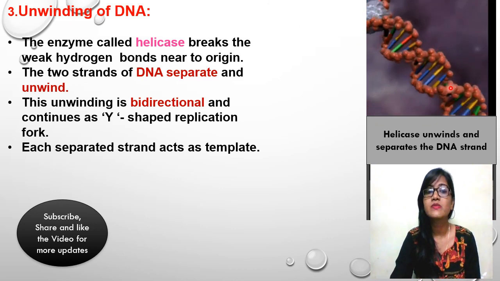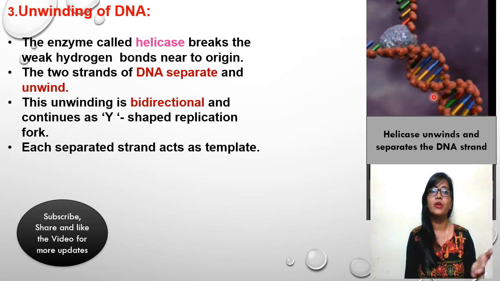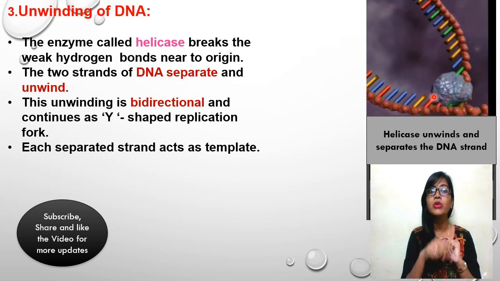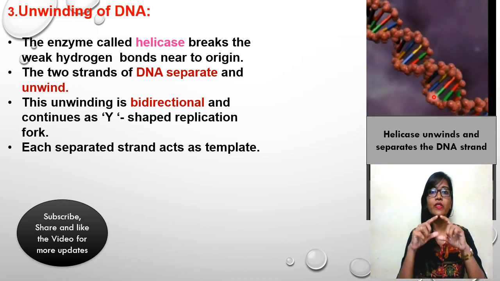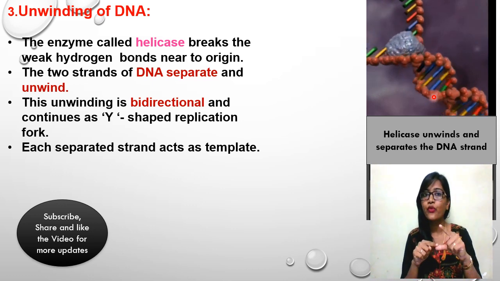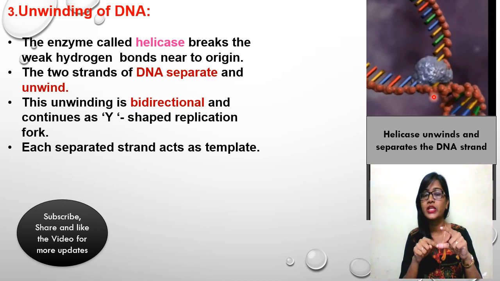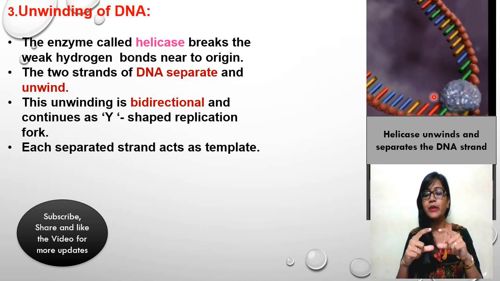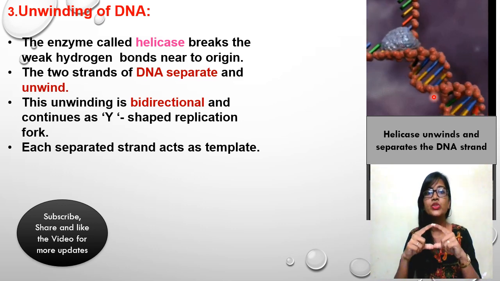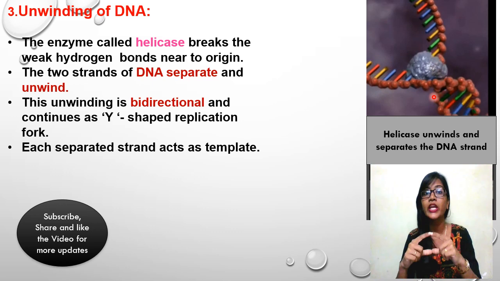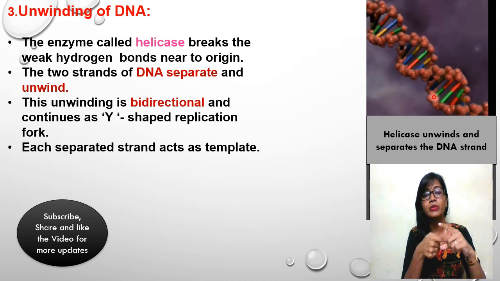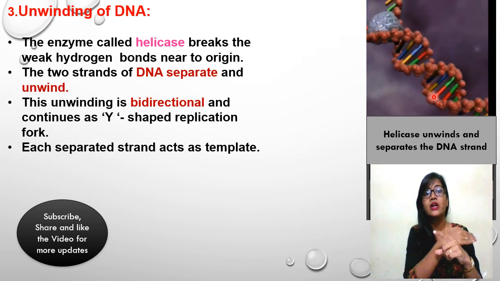The two strands of the DNA get separated and they unwind. This unwinding is bidirectional. You have seen in the previous eukaryotic replication that there is a bubble-like structure. At this position, the DNA replication fork, this helicase is working. At the same time there is unwinding of the DNA at this other point. So there are two helicases working together, where one helicase is moving and there will be unwinding of DNA in this direction.